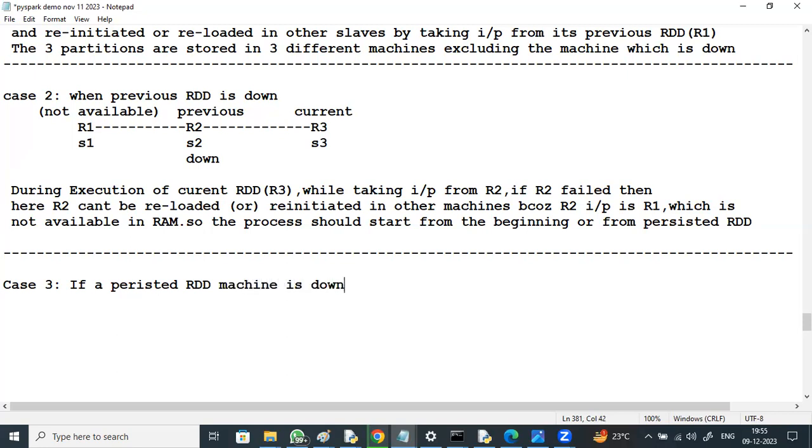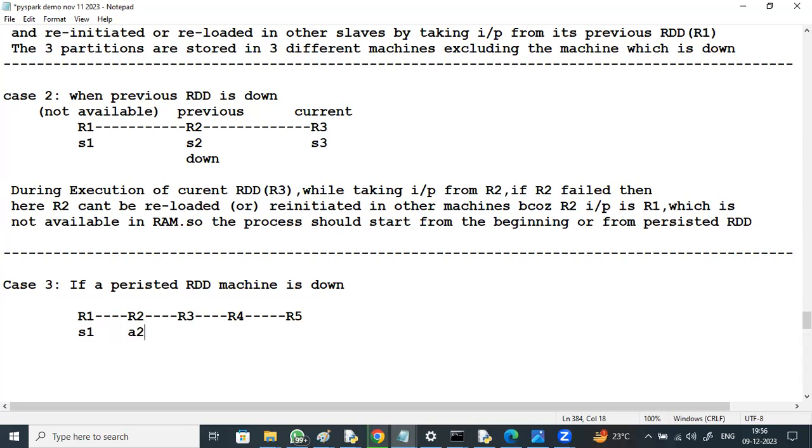For example, see this flow: R1, R2, R3, R4, R5, stored on S1, S2, S3, S4, S5.